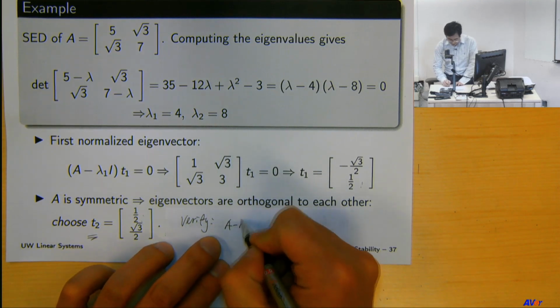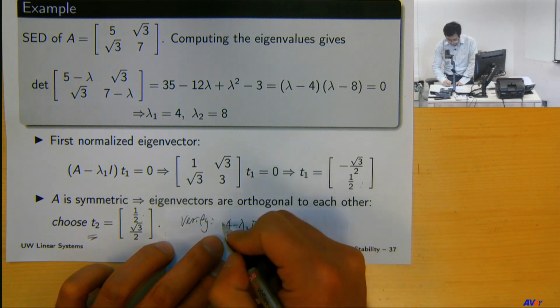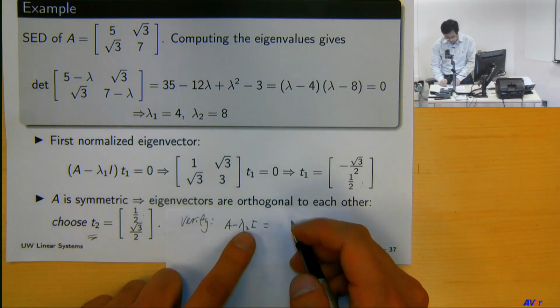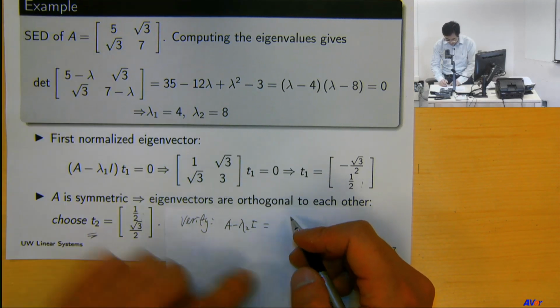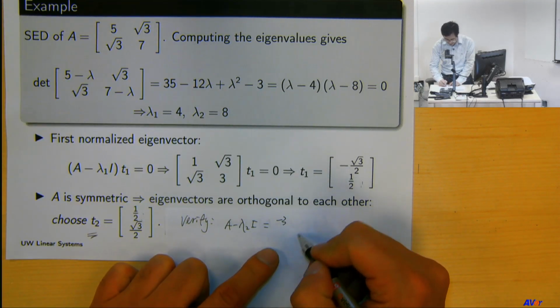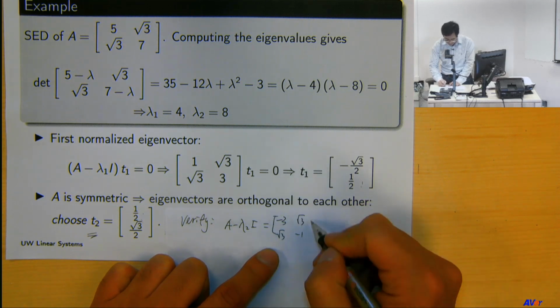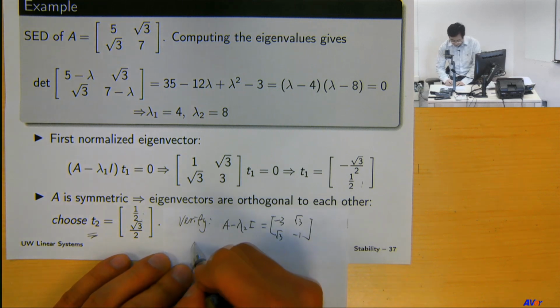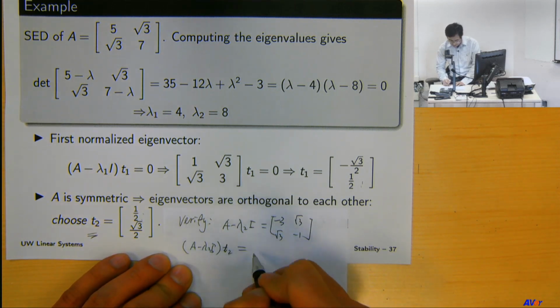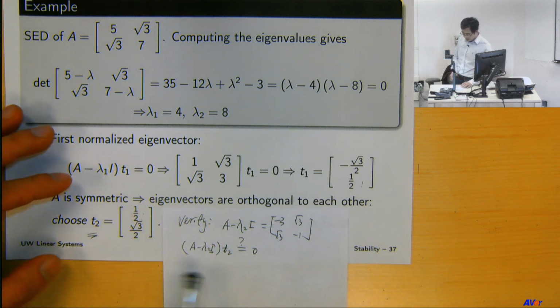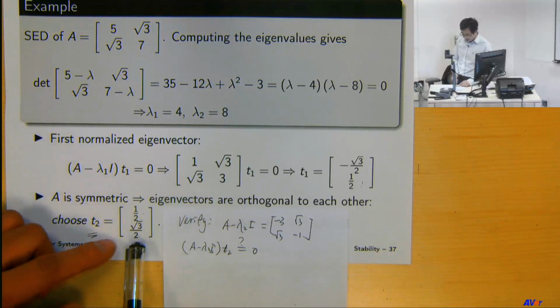A minus lambda 2I equals, lambda 2 is here, so it's 5 minus 8, negative 3, 7 minus 8, negative 1, square root of 3, square root of 3. Let's verify that A minus lambda 2I times T2 is 0. So let's do the multiplications.